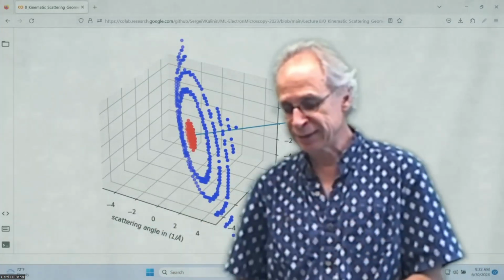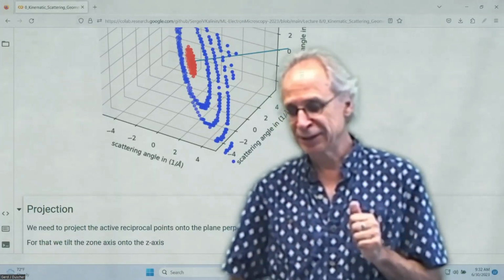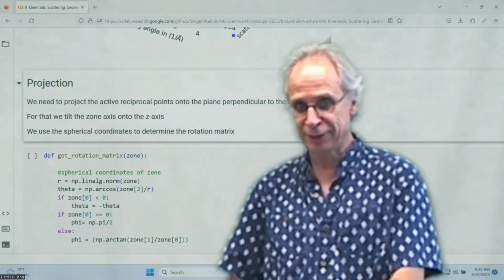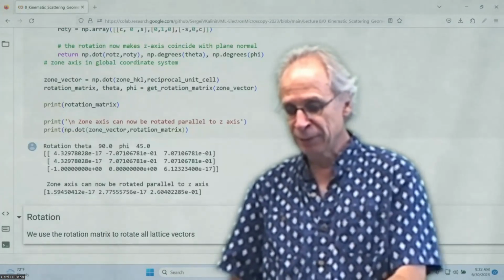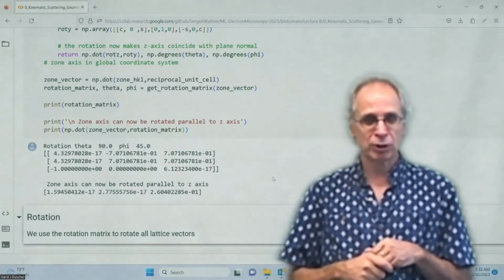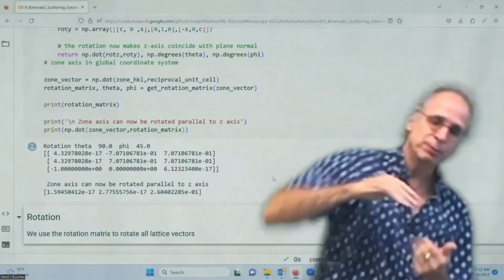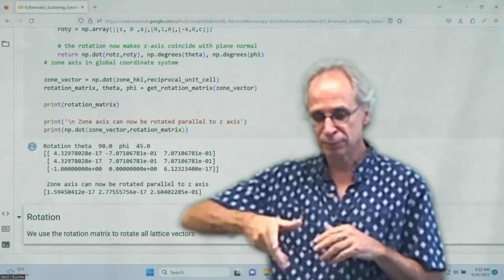Now we tilt the thing. You try that. You can do it, but I cannot do it while I'm on screen here and standing. So what we do is we get the rotation. Wherever we come in the zone axis, we tilt up. We have two angles, right?